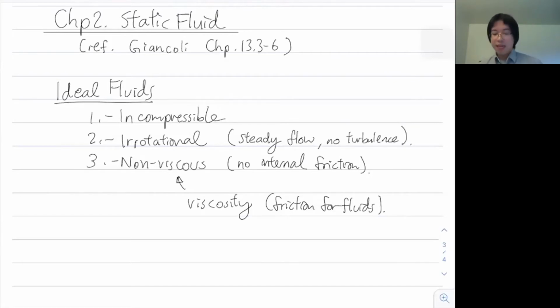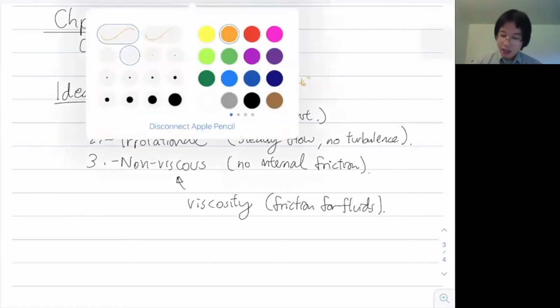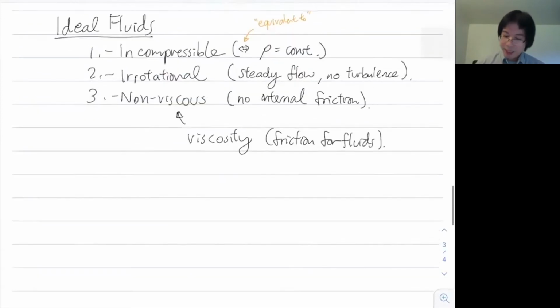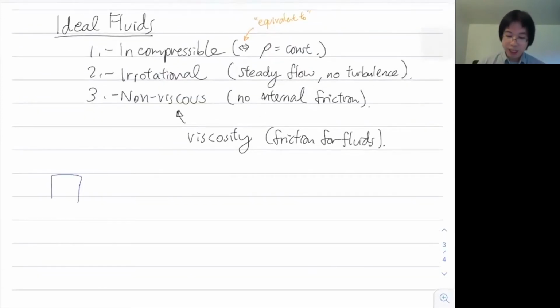Okay. And incompressible, another way to say that is also, so this is the symbol for equivalent, right? You can say that the density is constant. So this is just a reminder, this is the symbol for equivalent to. So saying a fluid is incompressible is also saying the density is constant. Why is that? Quickly, because if you cannot compress something, that means your volume is fixed, right?